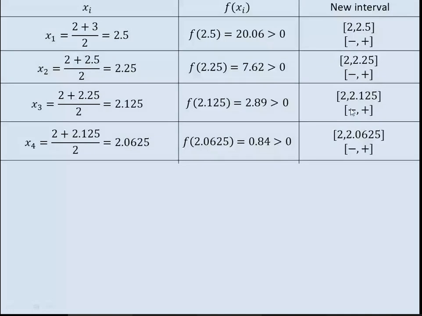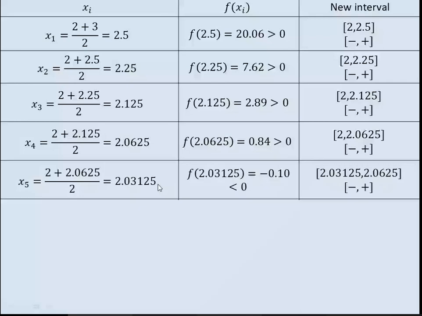Okay, this f of 2 is negative and f of this is positive. So we are replacing this positive value by this new value. So the new interval will be 2 and 2.0625. Again find half of this. It will be 2.03125. Are these two matching?